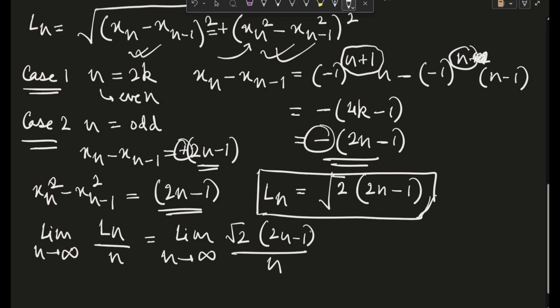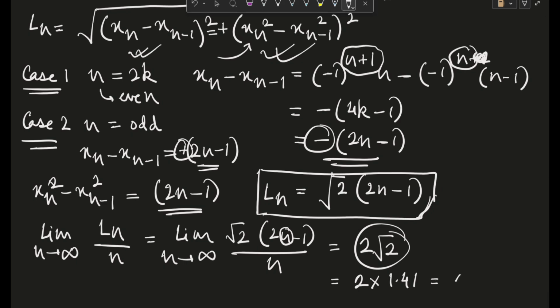Now you know that this minus 1 is constant, so as n tends to infinity, only the coefficient of n will be considered. So your answer is 2 root 2. And this was a numerical type question, so if you want to approximate to decimals, 2 into 1.41, because this year they had given 2 decimal places, 2.82. This will be your answer to this question.